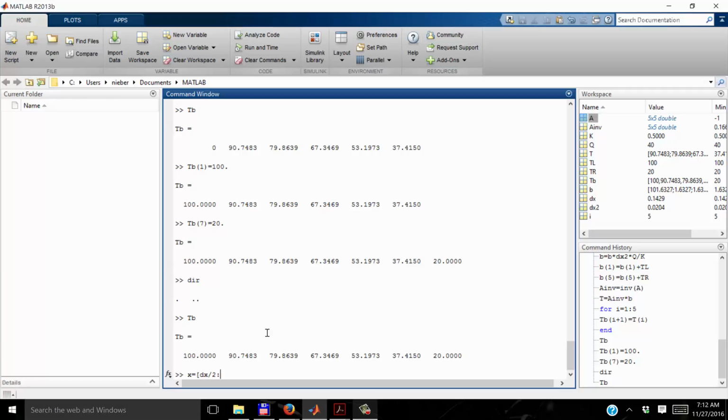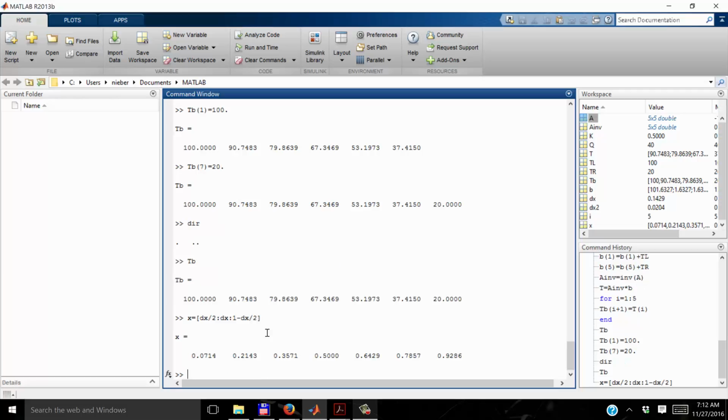And this is going to go by an increment delta x, and it'll go all the way up through 1 minus delta x over 2. So this is the vector for the grid cells.